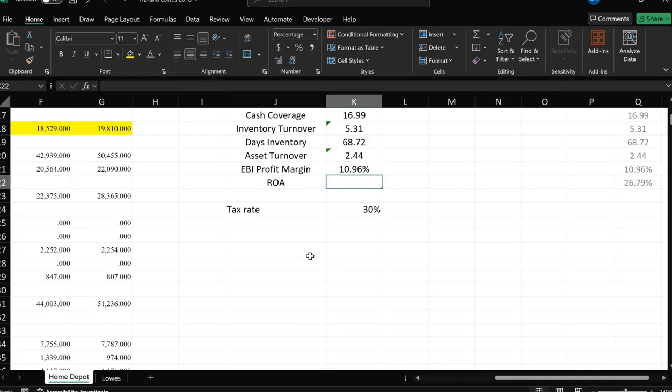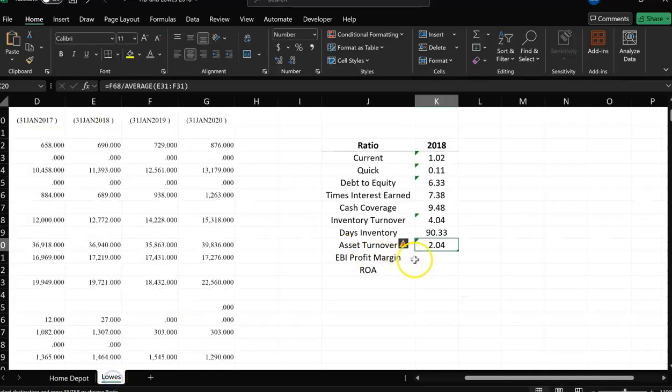Okay? And then I can calculate ROA, which is, let's see, I think I have that. First, let me make this Lowe's calculation here. For Lowe's, the EBI profit margin is much lower, 4.16%.